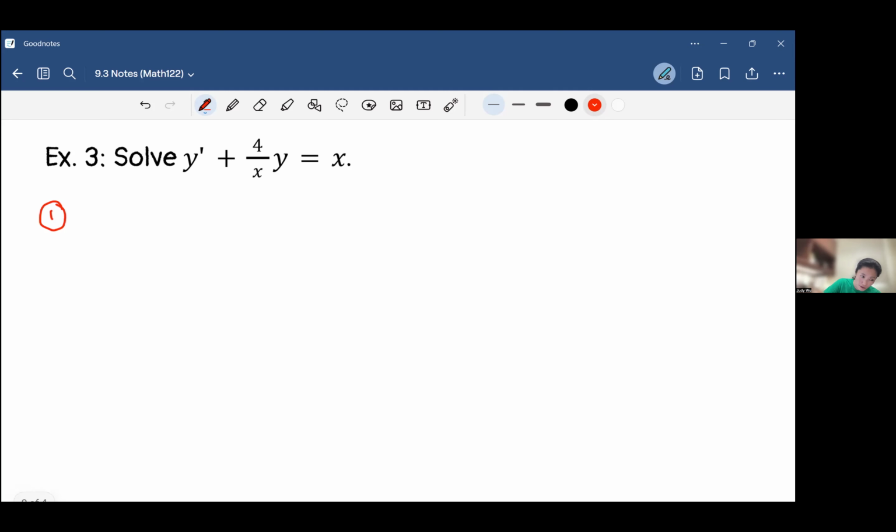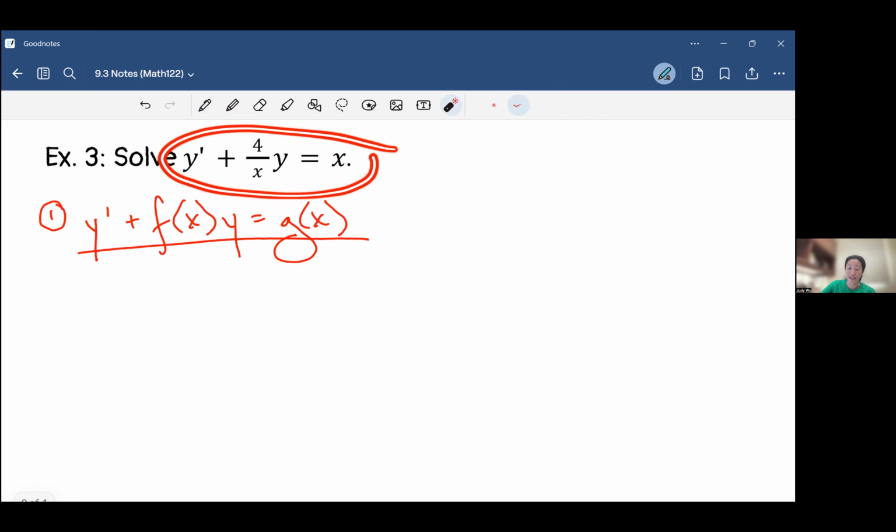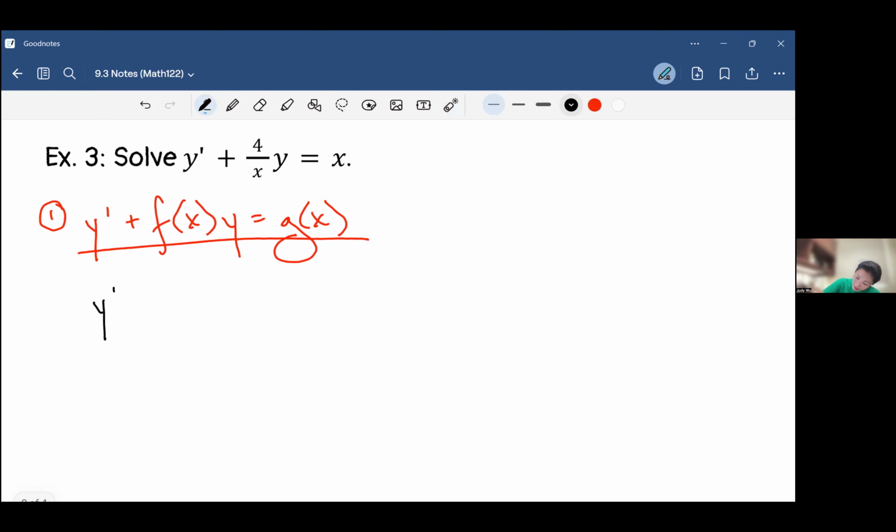So standard form is y prime plus f of x times y equals g of x, right? Now, if we look at this, what we have already is in standard form, okay? So we wrote y prime plus 4 over x y equals x.